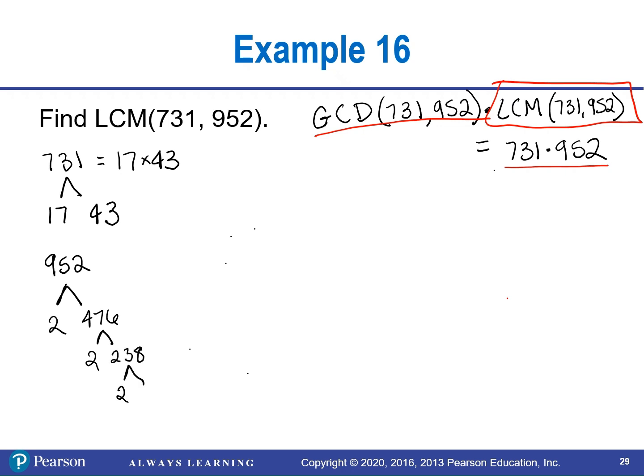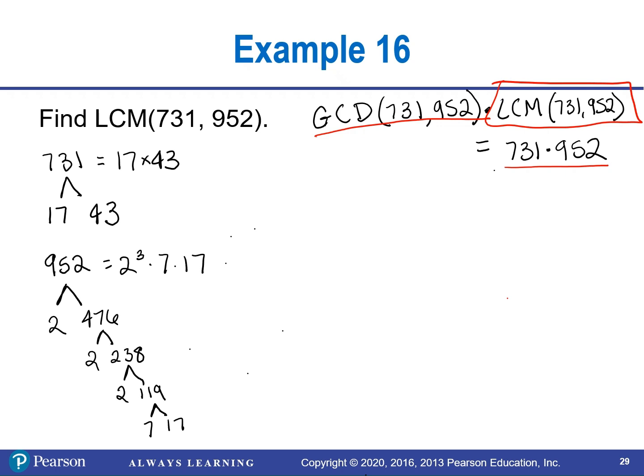Divide by 2 again is 119. 119 is another one of those tricky numbers that we would have to think through the first few of our primes. But you should figure out that 119 is divisible by 7. And when you divide it by 7, you get 17. And so now all of our factors are prime. I have 2 to the third power times 7 times 17.